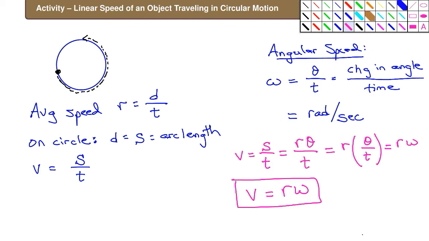What would be the appropriate units here? Well, radius is going to be measured in some sort of linear unit, let's say feet, and omega is measured in, let's say, radians per second. But what should V be measured in? Well, V is speed, and so it should actually just be feet per second.